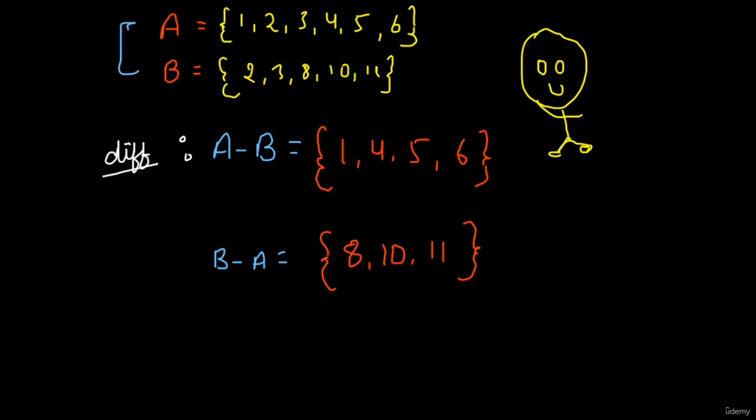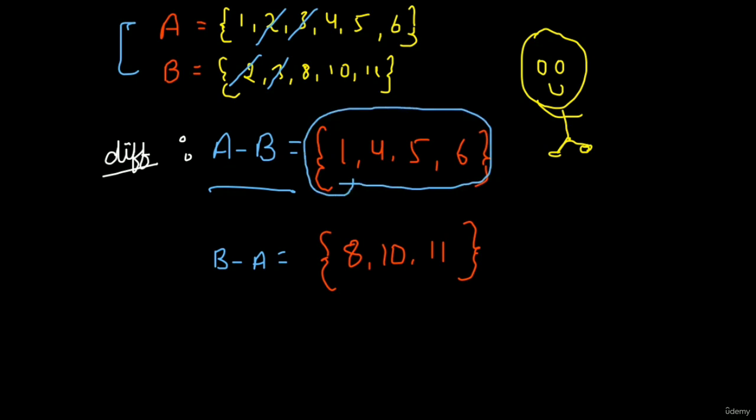Let's check out the first one first, A minus B. You just have to eliminate the B's elements from the A's elements. So let's just cancel out this one. 2 gets cancelled and 3 gets cancelled. The remaining part is actually our difference of A and B. What is the remaining once you remove the elements of B which are present in A? That is the logic here.